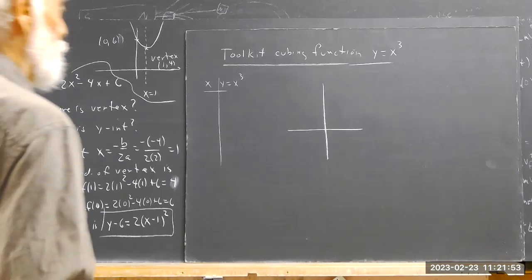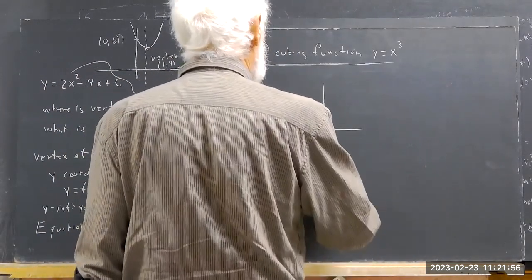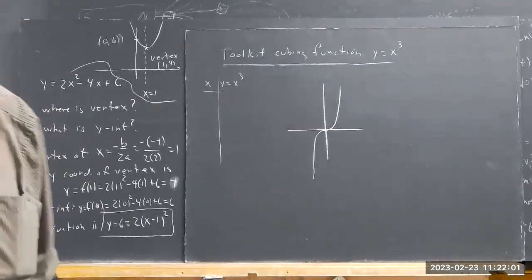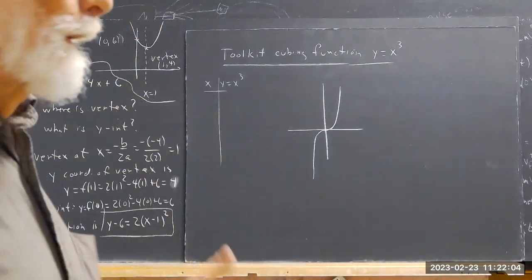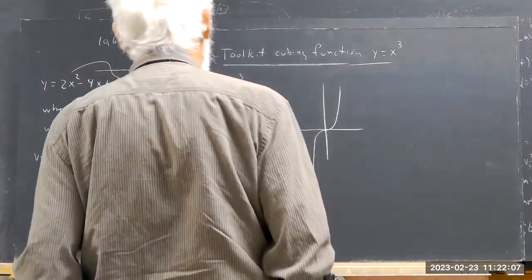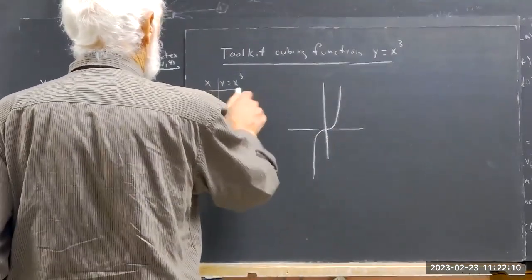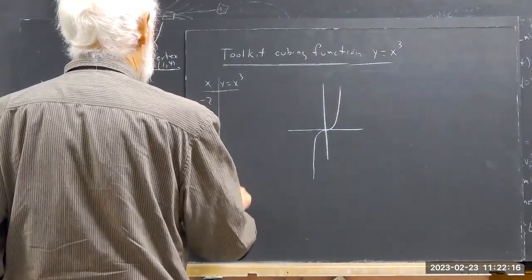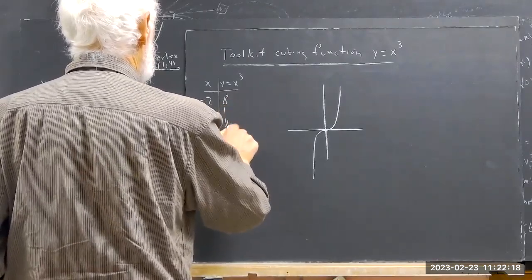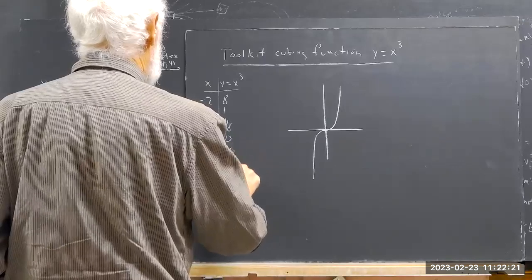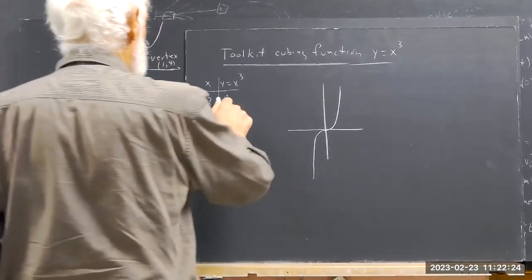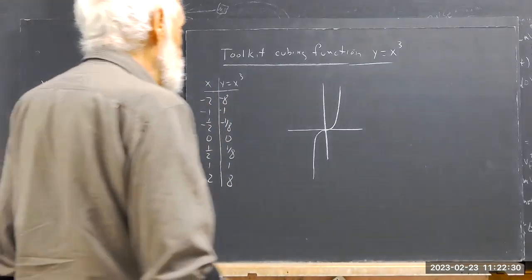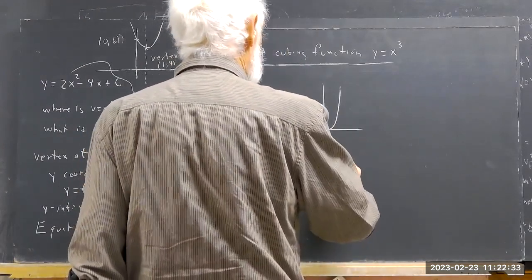Okay, so we'll talk about the toolkit cubic function y equals x cubed. You should know the graph looks like this. You need to know the shapes of these functions, and it's going to become really relevant now. If you want to get that shape, you can write down a table quickly and you get the points.